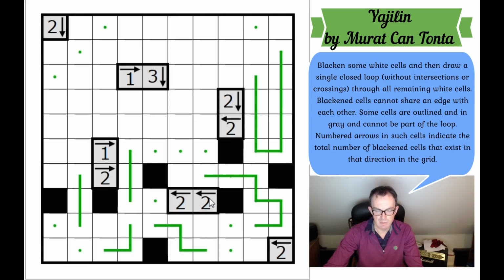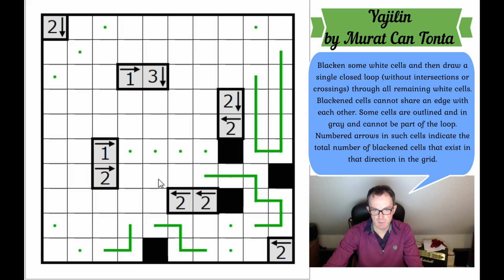So now we have to count how many loop ends we've got in this bottom left-hand region, and we must always be trying to have an even number, because otherwise we're going to have a broken puzzle. 1, 2, 3, 4, 5. That is not going to work. However I connect these up to each other, I'm always going to have something dangling. So this square is not a black square. This square is a black square. That means we connect that up, look.